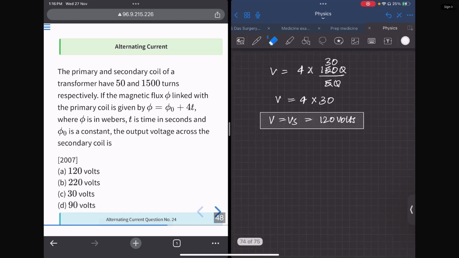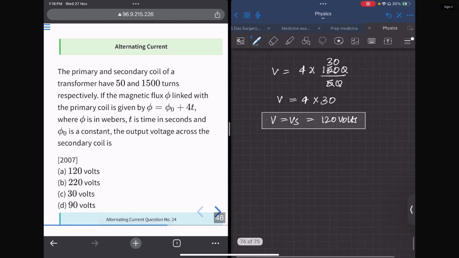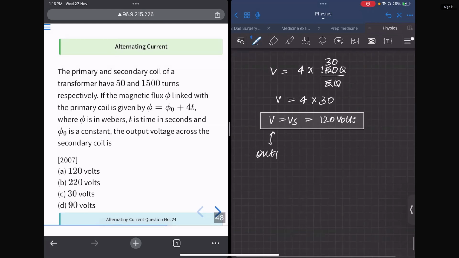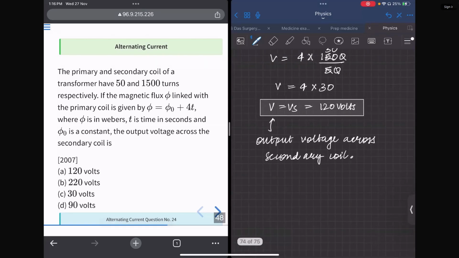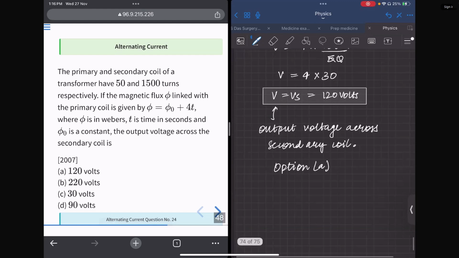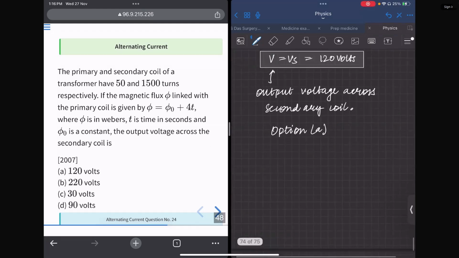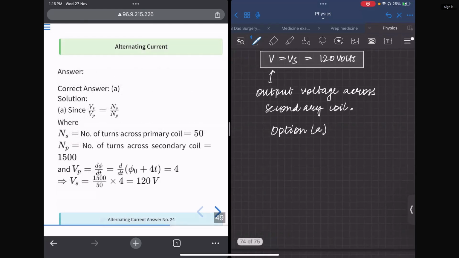It is the output voltage across the secondary coil. And what is the value of output voltage across secondary coil? It is equal to 120 volts, which is option A.